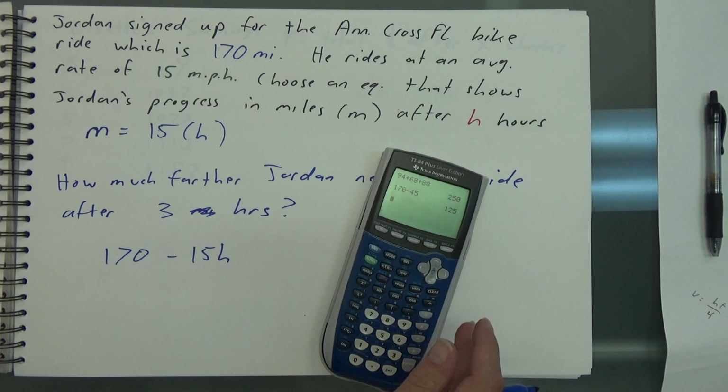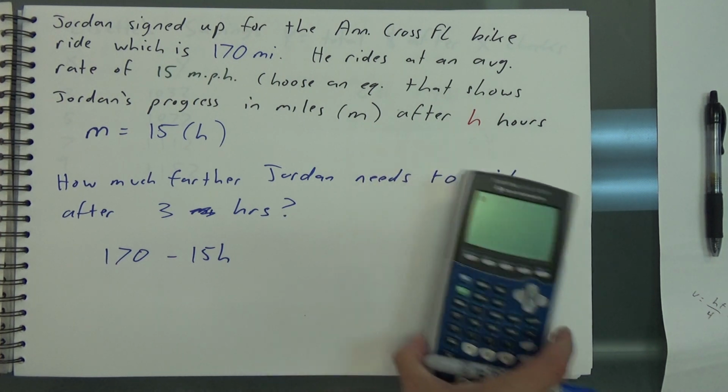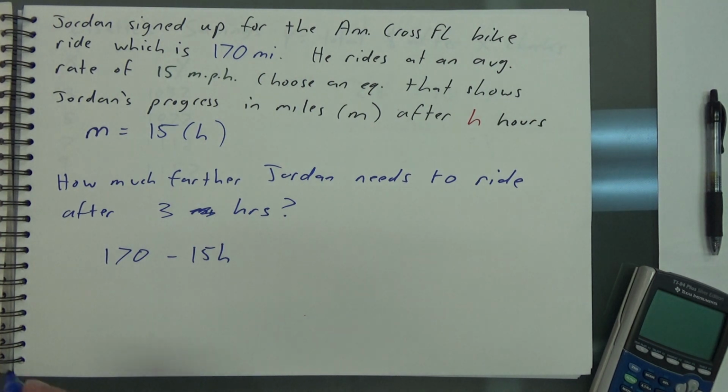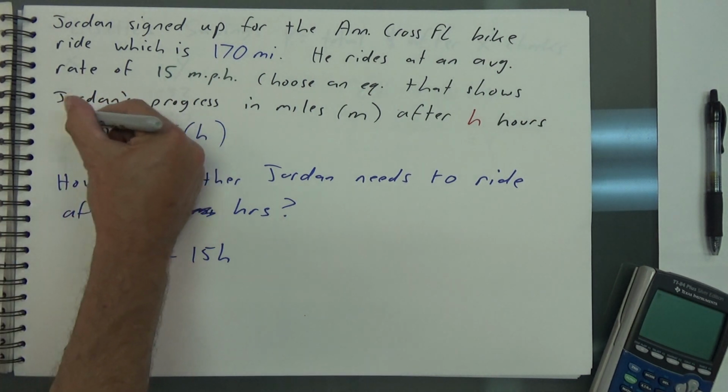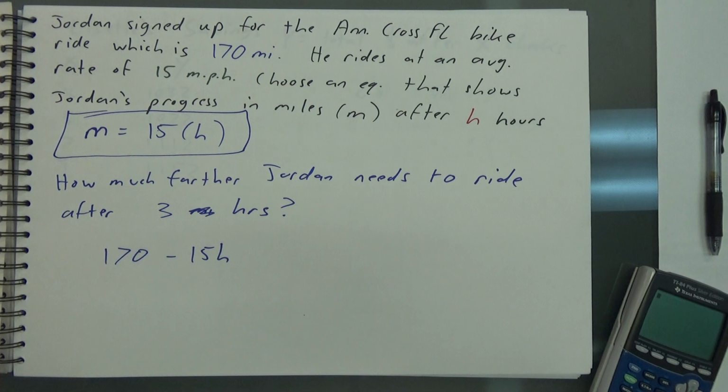So I'd still have 125 miles to go. I don't want to confuse you. That's not on the question as written. As written is m equals the number of miles he has traveled is 15 times the number of hours, right? 15 miles an hour times h hours. So we don't really need 170 to answer this question.